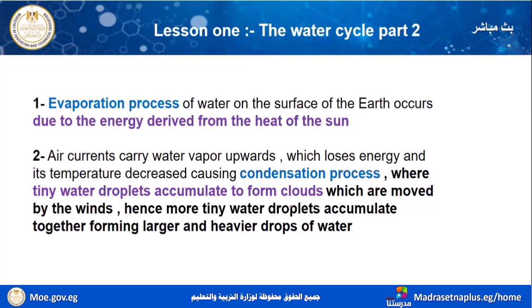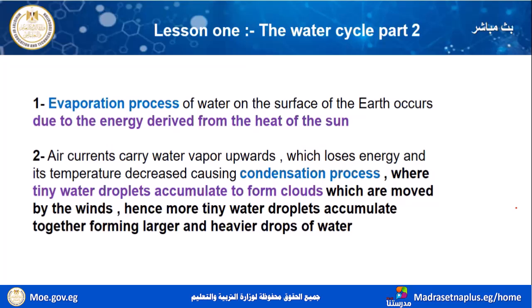Then, when water returns back to liquid state, it forms water droplets. These water droplets accumulate to form clouds, which are moved by the wind. Hence, more tiny water droplets accumulate together, forming larger and heavier drops of water.